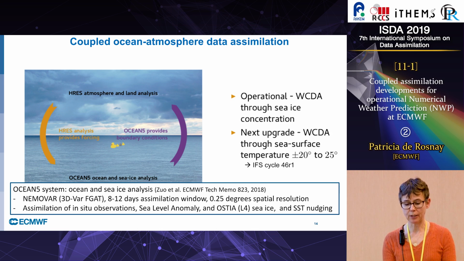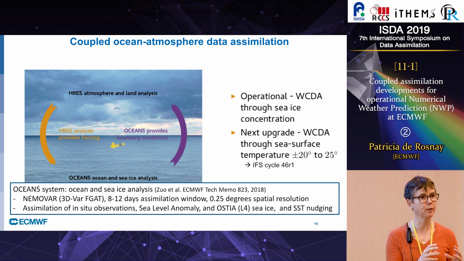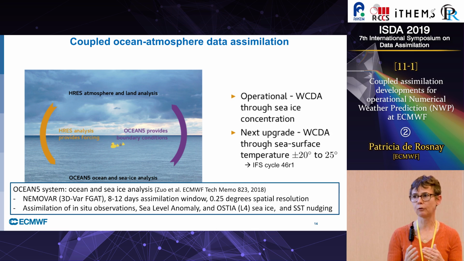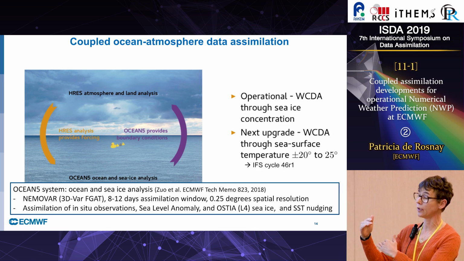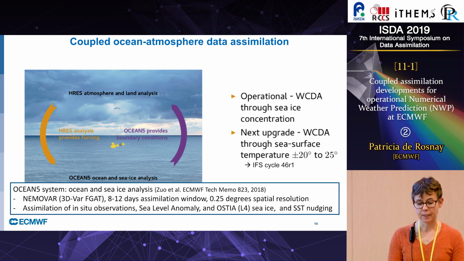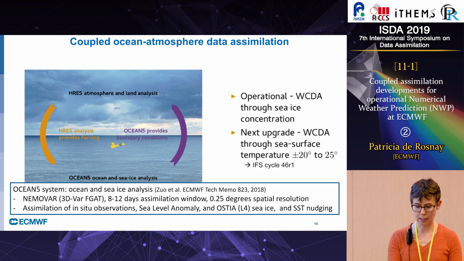It's a weakly coupled assimilation system through sea ice fields. In the current system, we only pass from the Ocean 5 system to the atmosphere the sea ice concentration. And in the next upgrade, we will also provide the SST in the tropics between 20 south and 20 north, plus or minus 5 degrees for the transition. So then we will have really a weakly coupled assimilation between the ocean and the atmosphere.